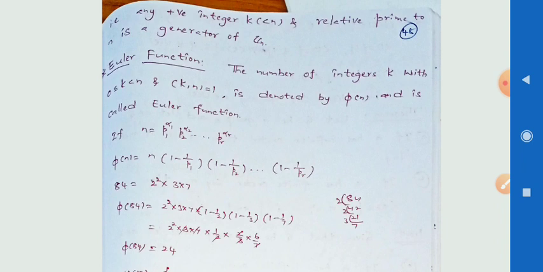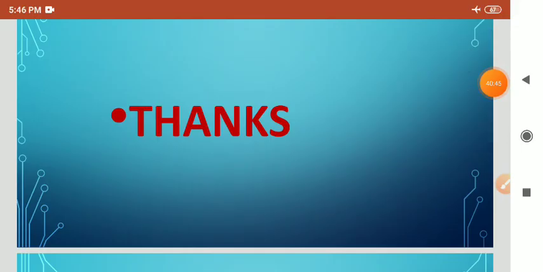Means if the GCD of k comma n is 1, then k and n are relatively prime, and k is a generator of the given group. Thanks.